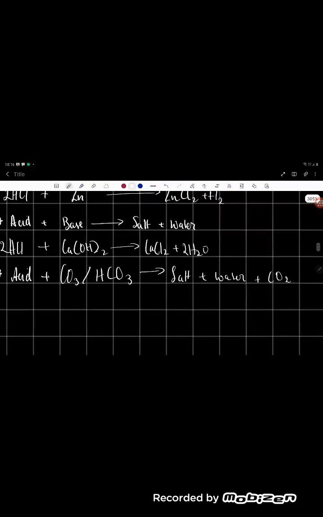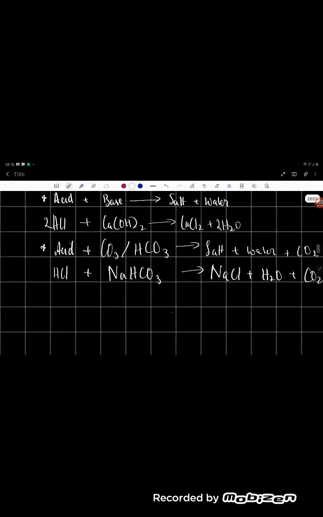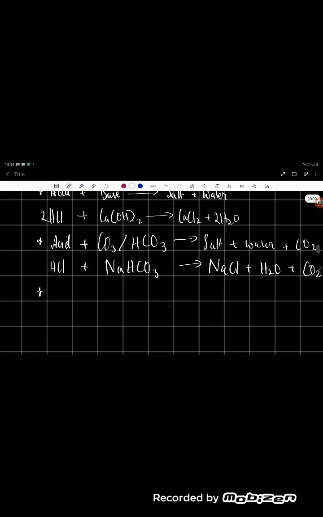An example here is, again we'll take HCl plus sodium carbonate or sodium bicarbonate, NaHCO3, which will give you a salt, which is NaCl, plus H2O plus CO2.